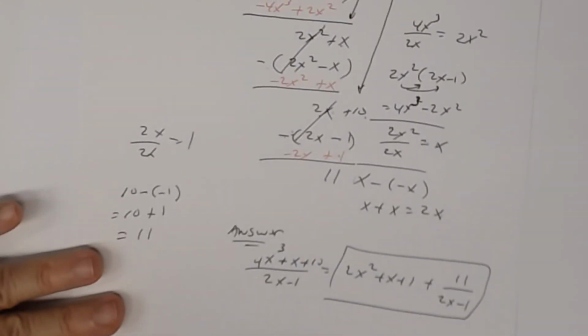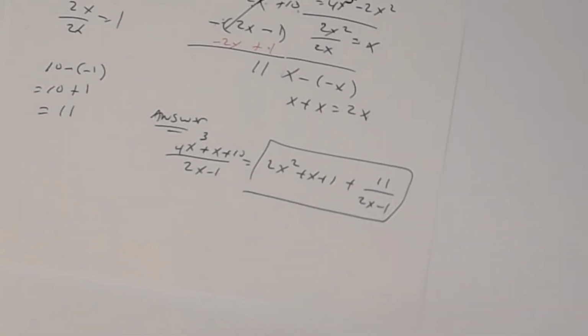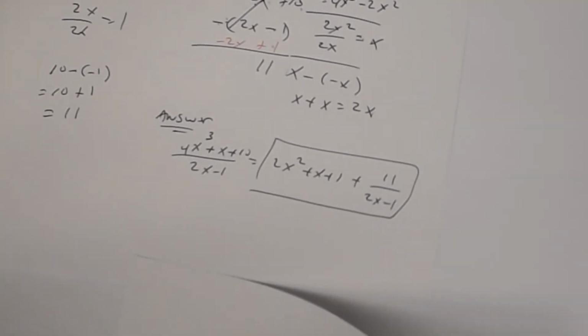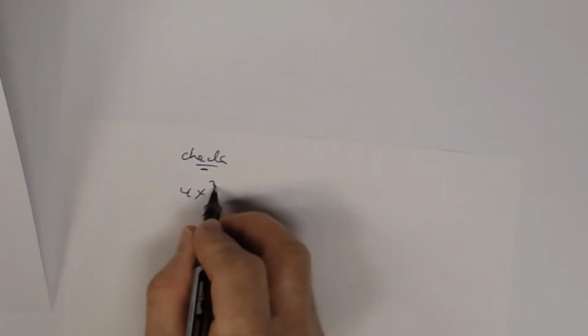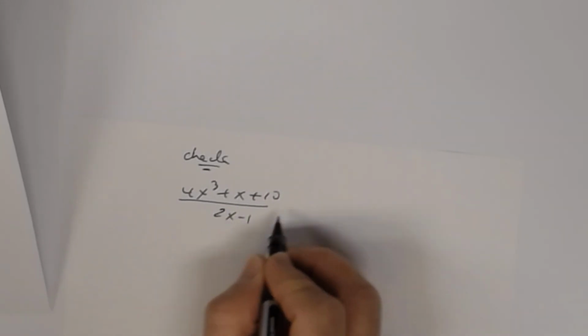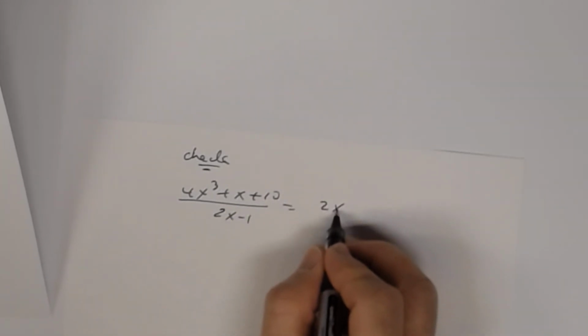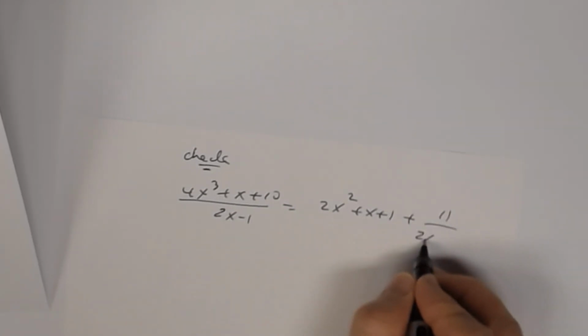Okay, now let's go ahead and quickly check this. I want to check this just to show you how to check it. So let's check that 4x cubed plus x plus 10 divided by 2x minus 1 does equal 2x squared plus x plus 1 plus 11 divided by 2x minus 1.